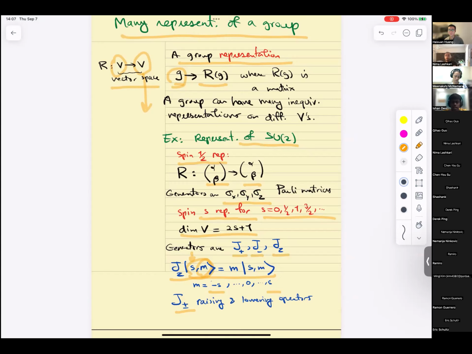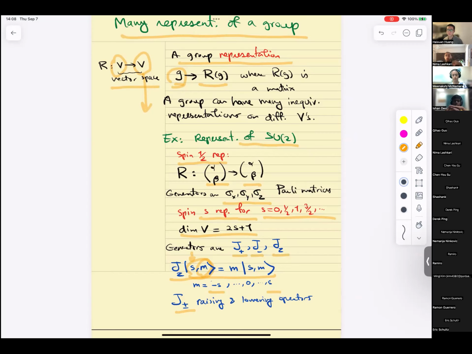SU2 could act on two complex scalars, two-dimensional, right? Or it could act in higher dimensional representations, right? So I have to tell you. It could be transforming as some other spin, for example.